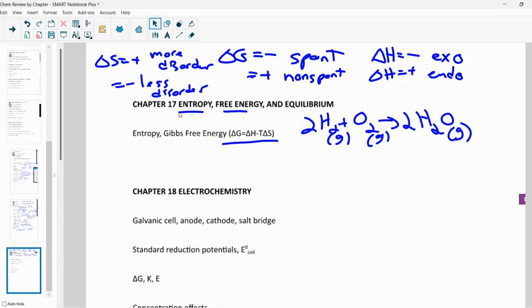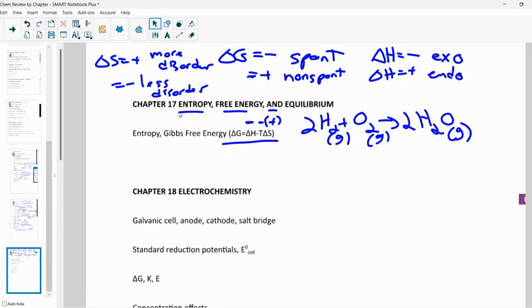All right, so now we can put these together and predict whether an overall equation is going to be spontaneous or not. When our delta H is negative and our delta S is positive, those are reactions that the universe likes. Exothermic reactions give up energy that's stored in bonds. The universe likes getting rid of that energy so it's in a lower energy state.